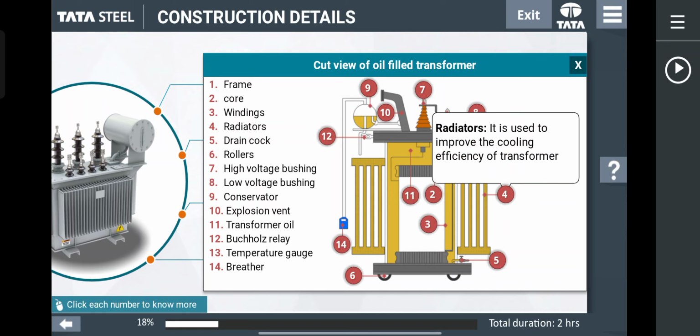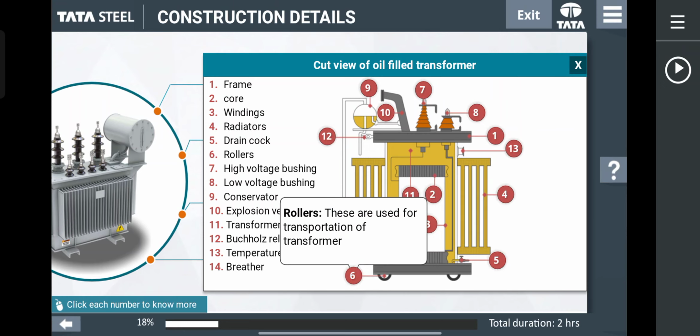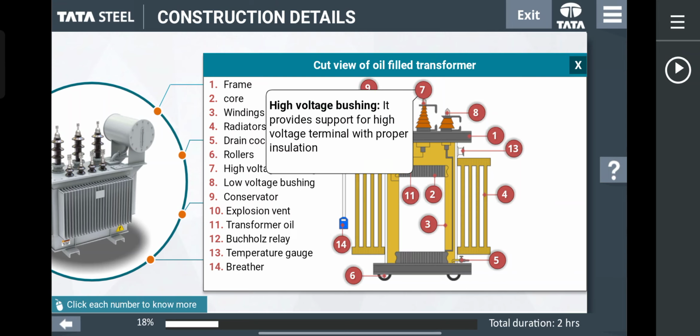Radiators. It is used to improve the cooling efficiency of transformer. Drain cock. It is used to collect and drain the transformer oil. Rollers. These are used for transportation of transformer. High voltage bushing.